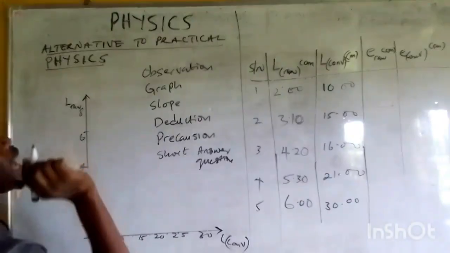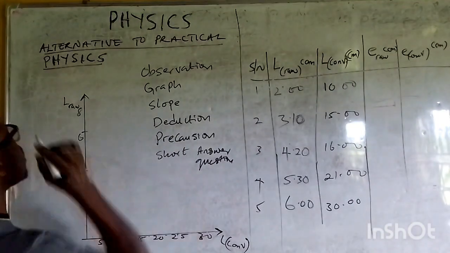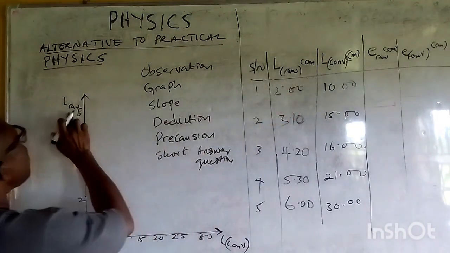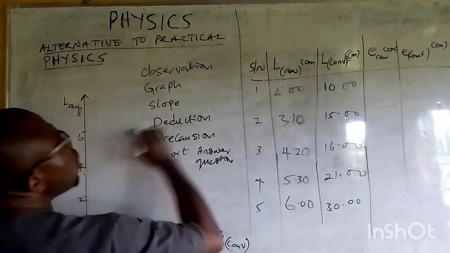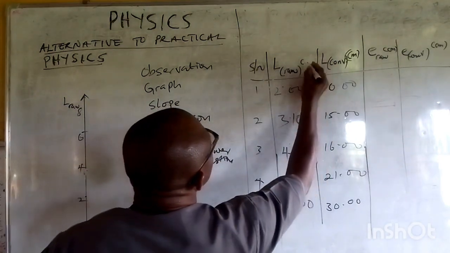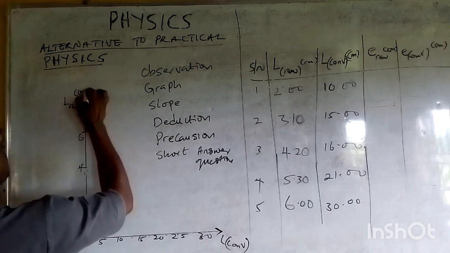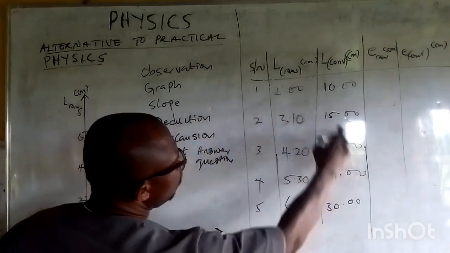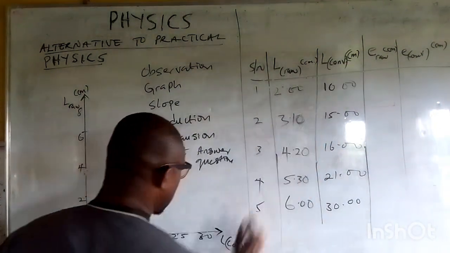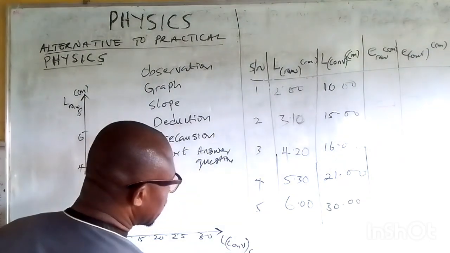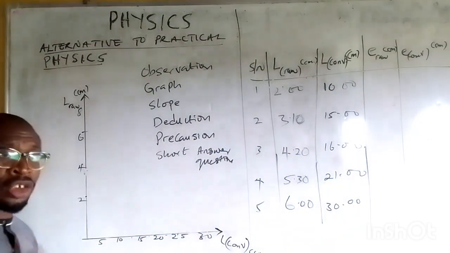Number 3, for anything that has an SI unit, please put the SI unit. For example, if my L raw is in cm, all I need to do is write cm. It has its own mark. Now, my L converted is in cm too. I will have to write centimeter here. It has its own mark.